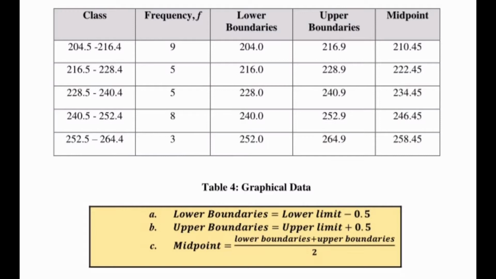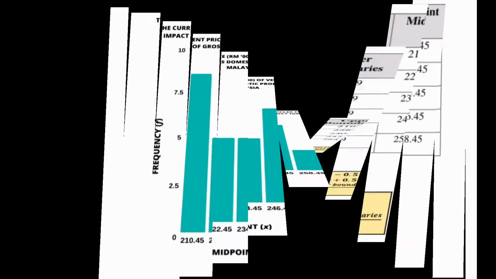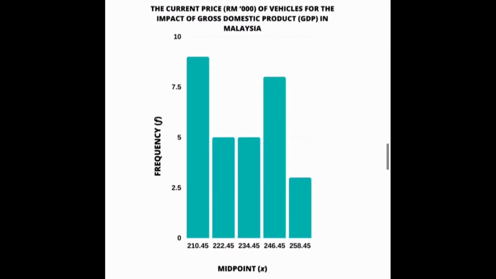So now we will draw the bar graph first. For the bar graph, we will use frequency and midpoint. As you can see, the midpoint is 210.45 and the frequency is 9. Next, 222.45, the frequency is 5.